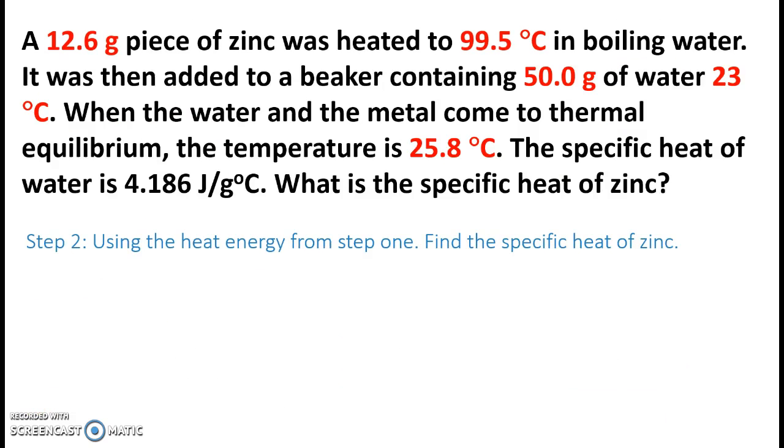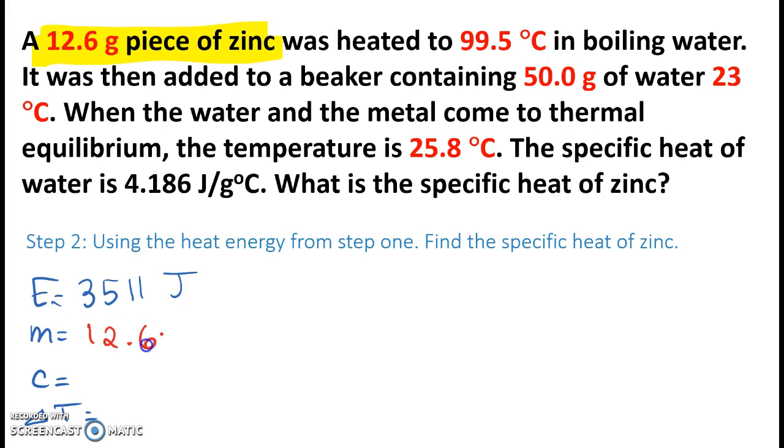Now in step number 2, we are just going to use the values related to the metal. So because of conservation of energy or conservation of heat, we can use the energy that we found in step number 1. And then we need to go back through our problem and pick out the other pieces of information that we know. So we have a 12.6 gram piece of zinc. That's our mass.